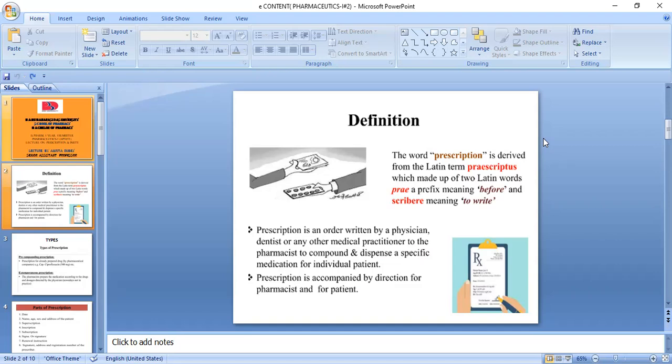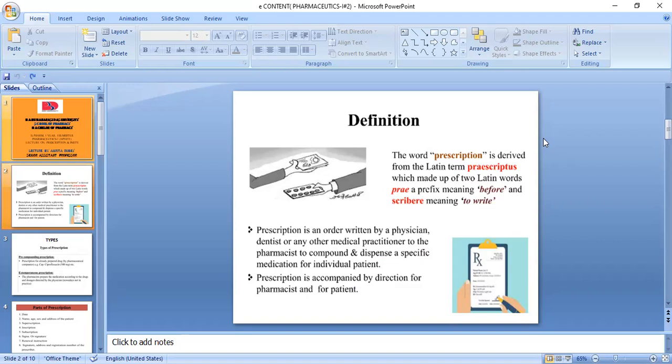To compound means to mix, to saturate, or to dissolve something or a few ingredients to make a final dosage. A clear written prescription plays a very important role, because with clear instruction and a given dosage form, the compounding of that dosage form is easier.